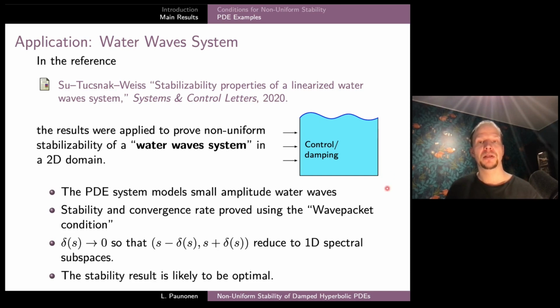And in this article, the authors were actually considering a control situation where they have a boundary control affecting a part of the boundary of the system, and they were using our results to design a control law which achieves non-uniform stability for the controlled equation. And they were especially using a Wavepacket condition in our results.